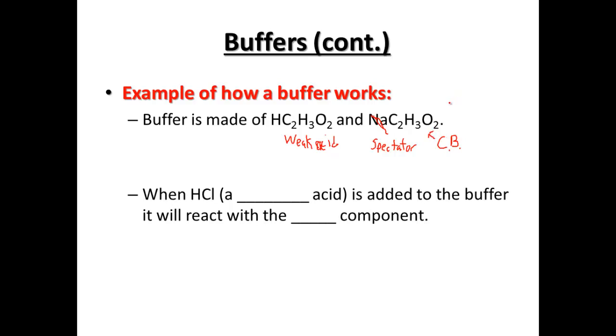Now, if we were to take hydrochloric acid, which is a strong acid, and put it into a solution that had our buffer from up above, as it is added, it's going to react with the conjugate base, or Cb.